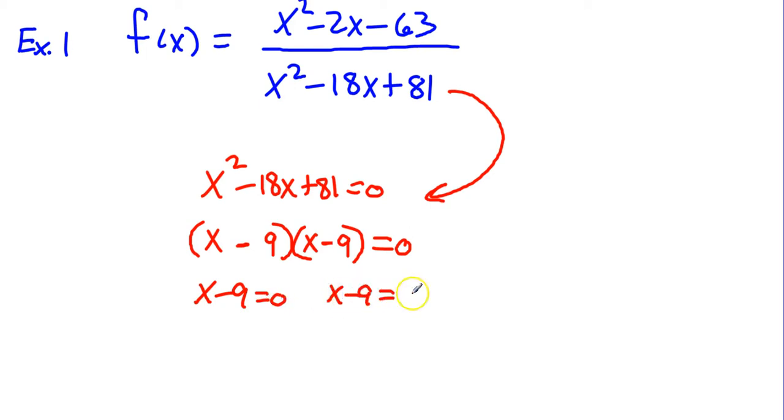And for that particular problem, when you solve it, you get the same answer twice. So you don't have to write the answer twice. You can just write it once because it just repeats itself. So for that one, it's just x equals 9. Okay, so all that is just going back to factoring. Take the denominator, set it equal to 0 to factor it. And that's out of 8.2.